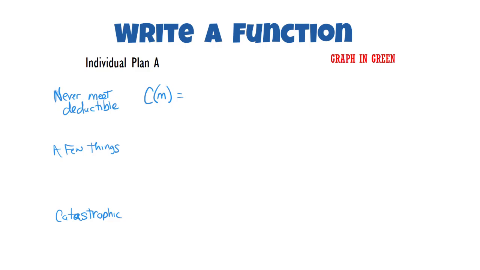I'm going to have to jot some things down. Give me a second. All right, I had to go back and look at the premiums and stuff to get my numbers straight. So the first thing, no matter what, good year, bad year, health-wise, you have to pay the premium. So for Plan A, your premium was $175.44.